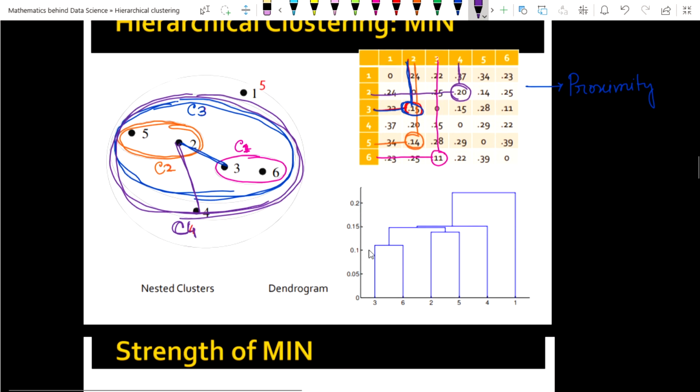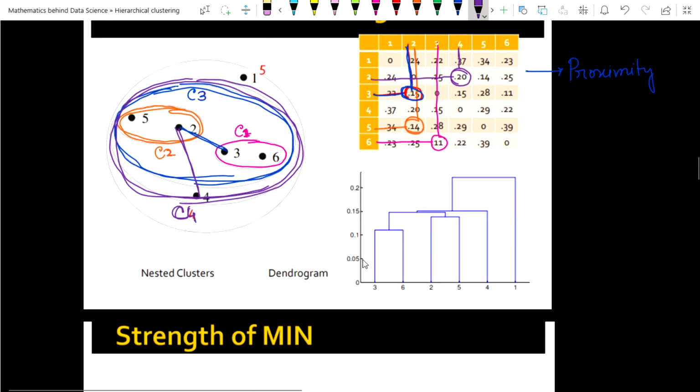So first, we merged things together for C1. For calculating C1, we merged 3 and 6. For calculating C2, we merged 5 and 2. To calculate C3, we merged C2 and C1. To calculate C4, we merged C3 and C4.